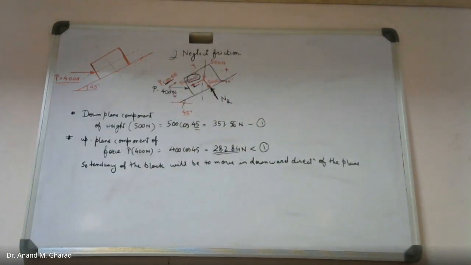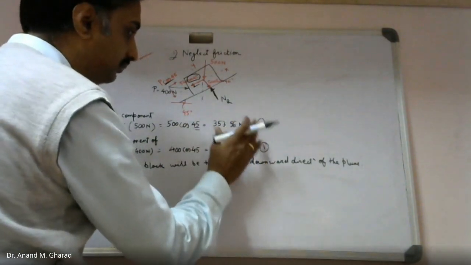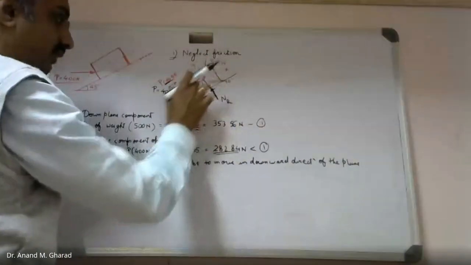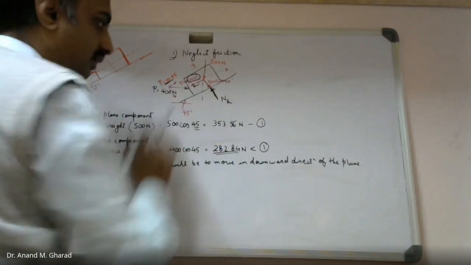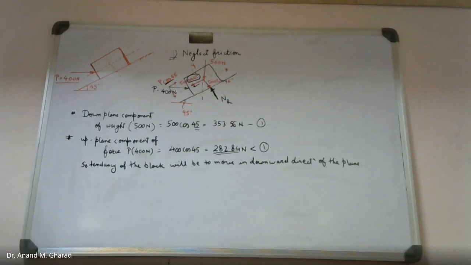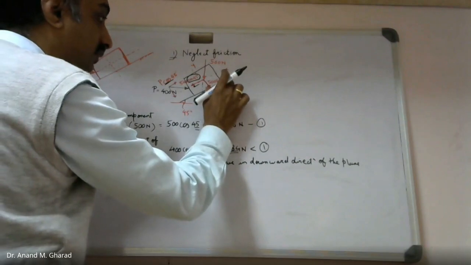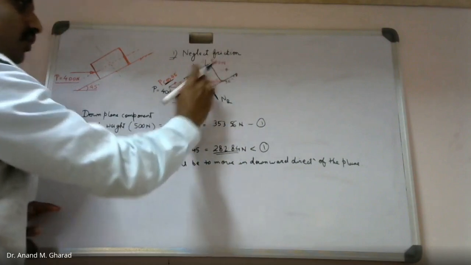Now this is with respect to what we have considered, that we are neglecting the frictional resistance or frictional force, right? But from here we have now identified that the movement of the block is in the downward direction, since this down the plane component of the weight is more compared to the up the plane component of the force P. That means there is some amount of resistance which will be offered by this rough surface based on this motion.